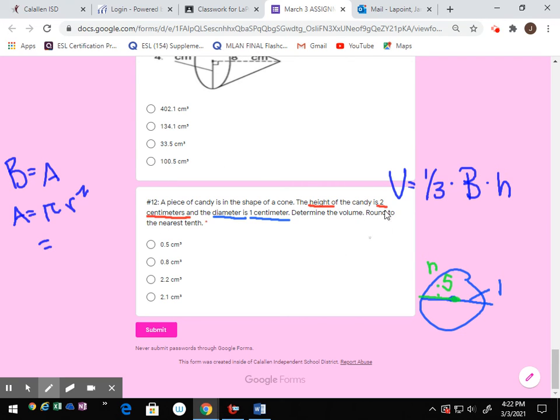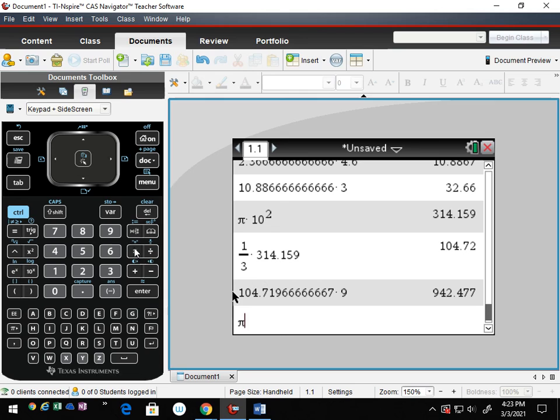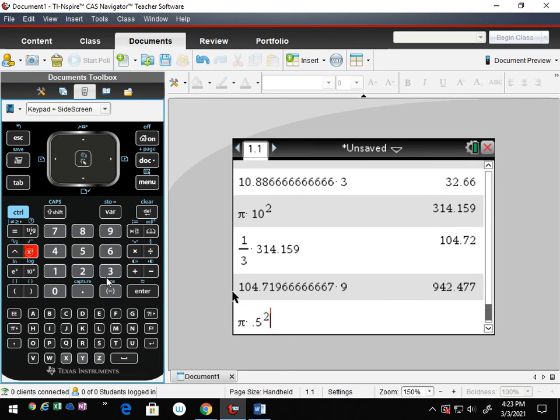And we know our height is 2, okay? So we can say R is equal to 0.5 and height is equal to 2. So our area formula for a circle is pi radius squared. So let's plug in 0.5 for our radius. Okay, calculator. We have pi times 0.5 squared.